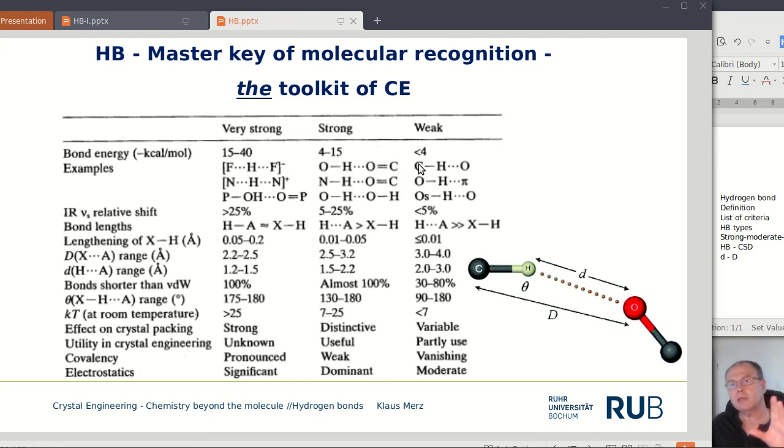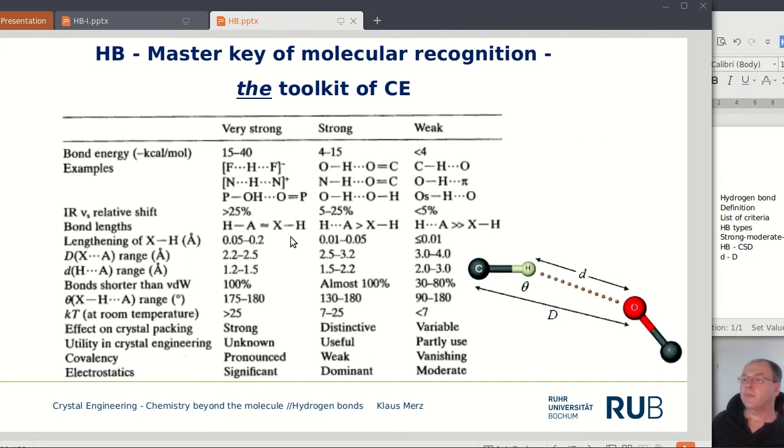We are talking about the Cambridge Structural Database, and how you can use it. This is a weak hydrogen bond. You see, as I said, electronic and spectroscopic impacts, for example here with the IR shift, and so on.